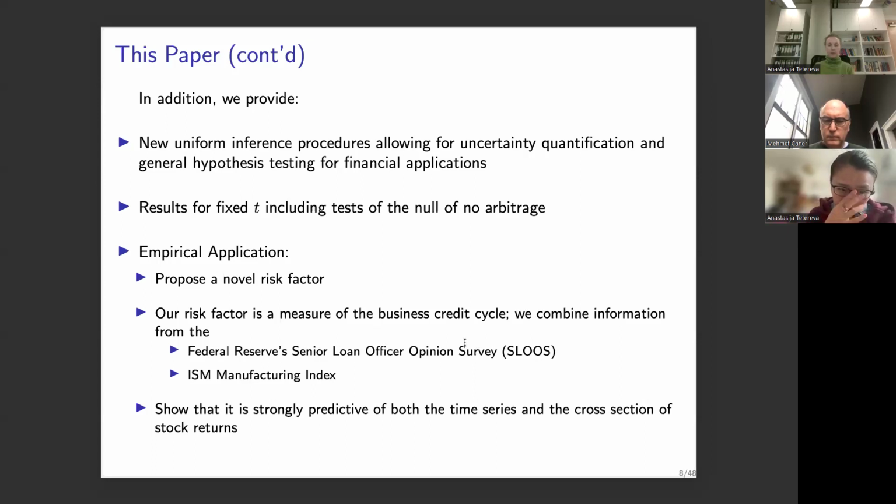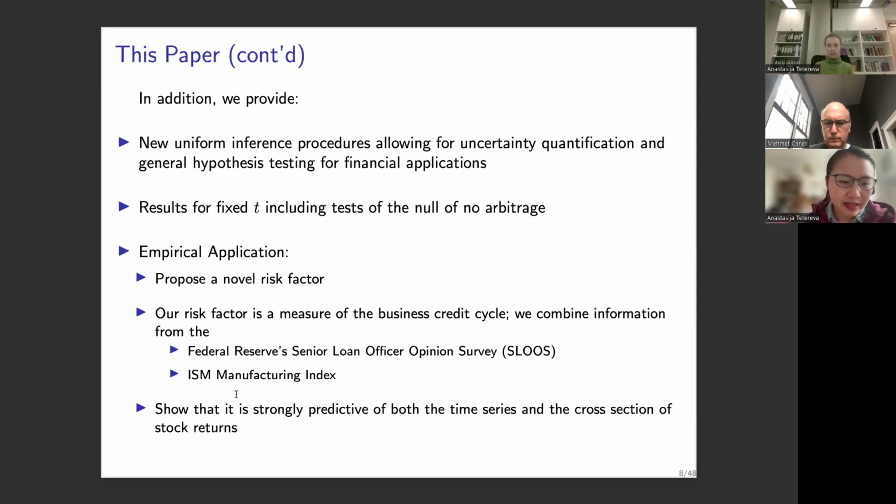They send a questionnaire to banks to measure the tightness of borrowing. And there is an ISM manufacturing index, which is not exactly publicly available. So it measures the tightness of credit, I would say.